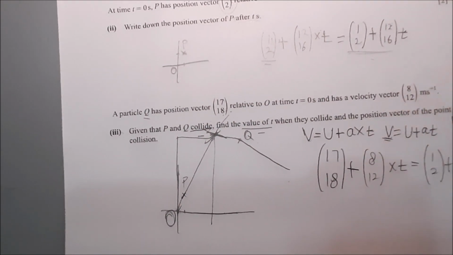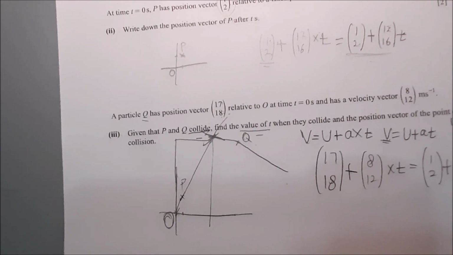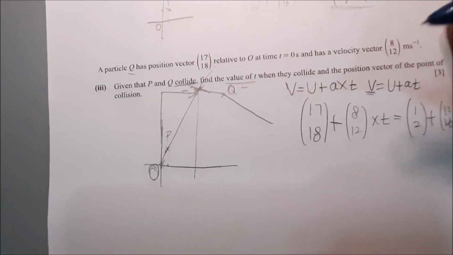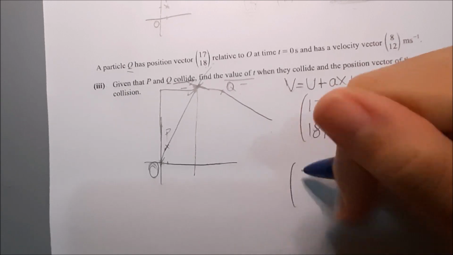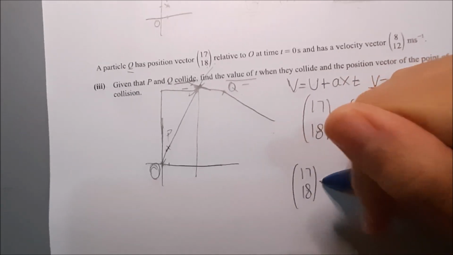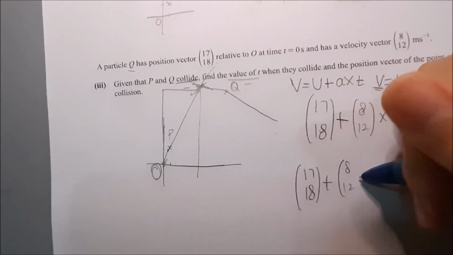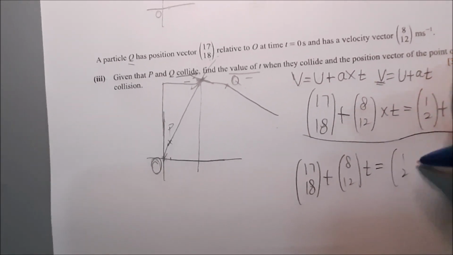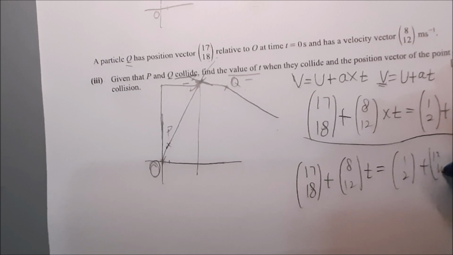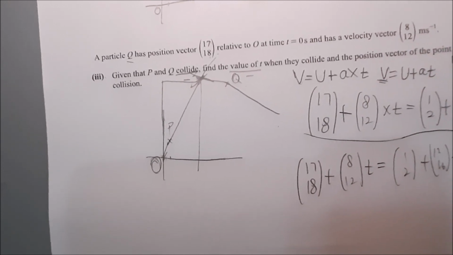So it means that they have the same position vector. From here you can get the value of t when they collide, which is (17, 18) plus (8, 12)t. If we simplify this equation, you get this equation here.